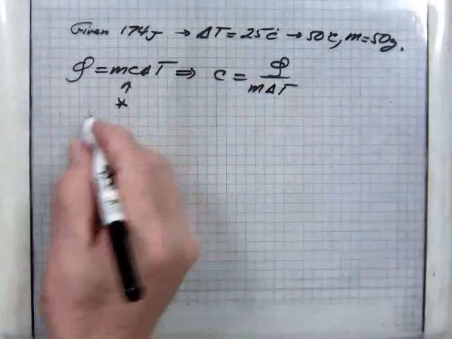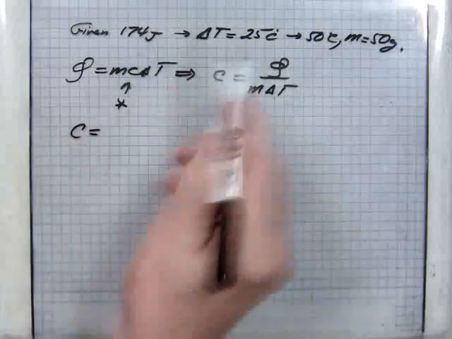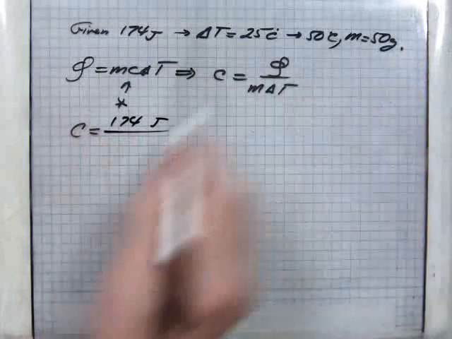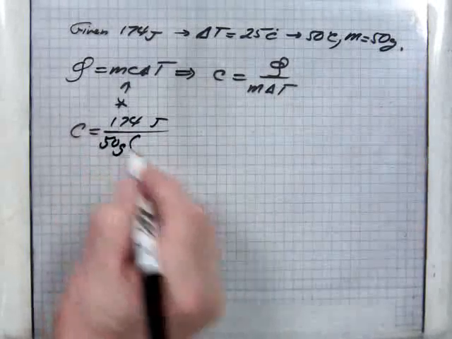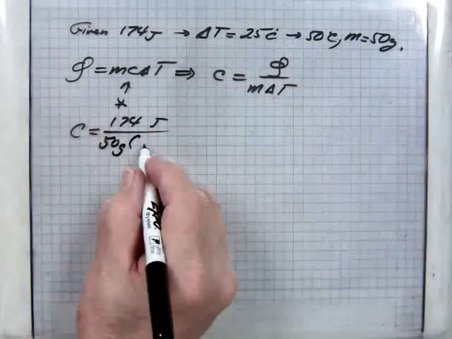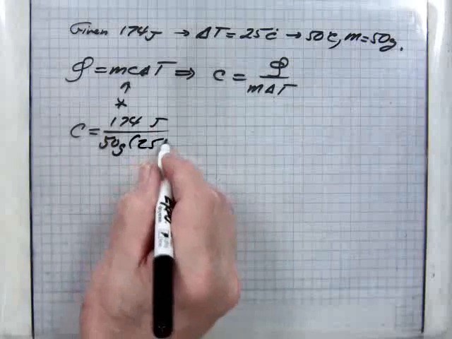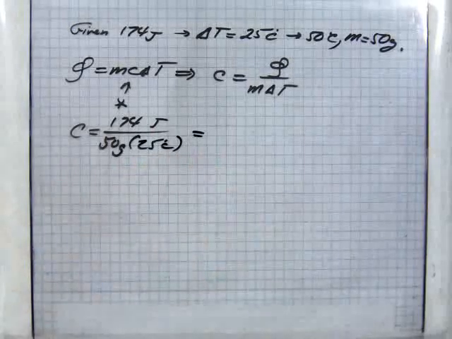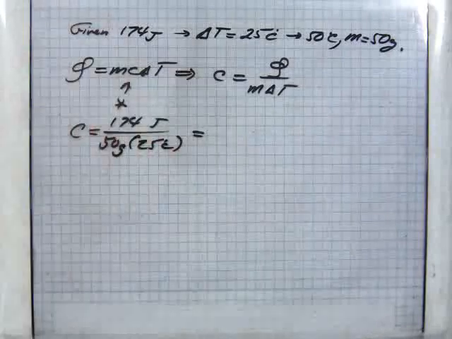So this is the idea. The heat is 174 joules, the mass is 50 grams, and we went 50 minus 25, or 25 degree change in temperature.